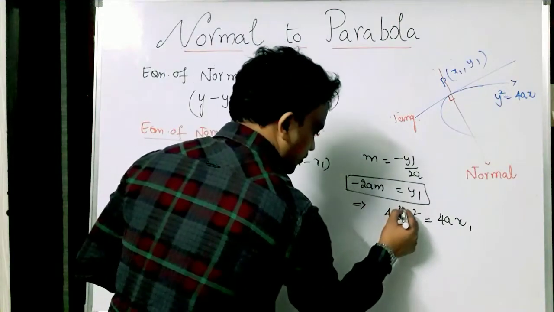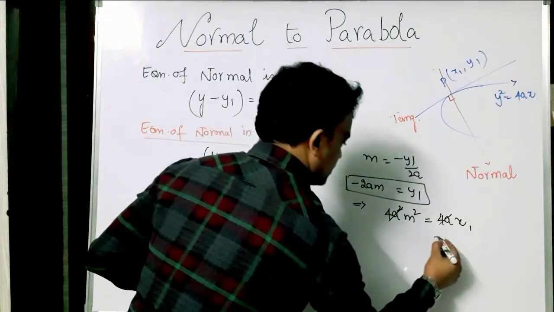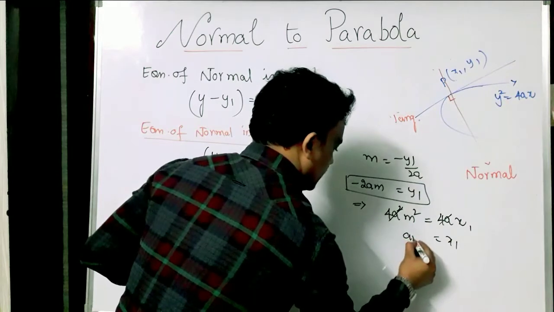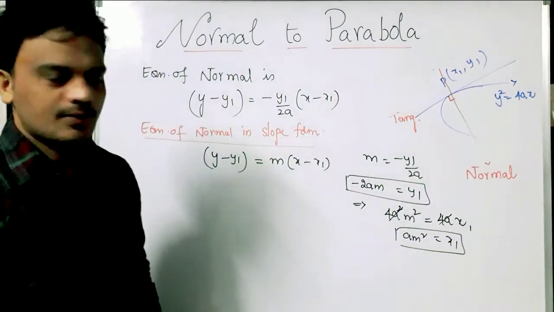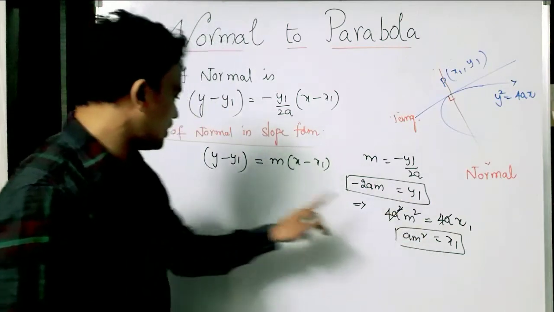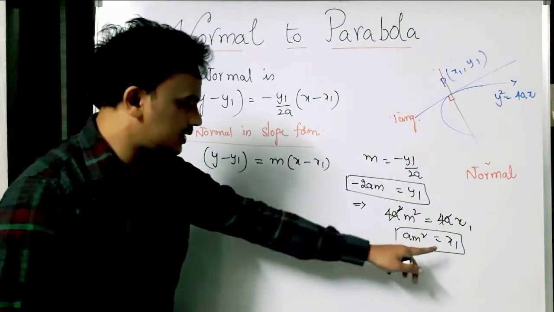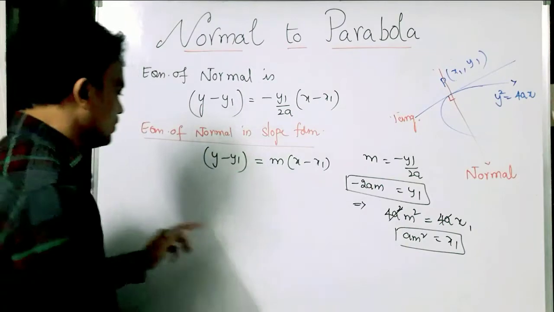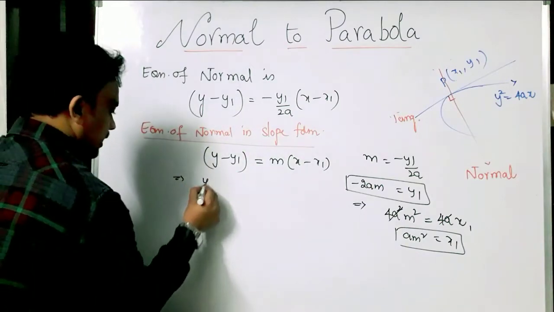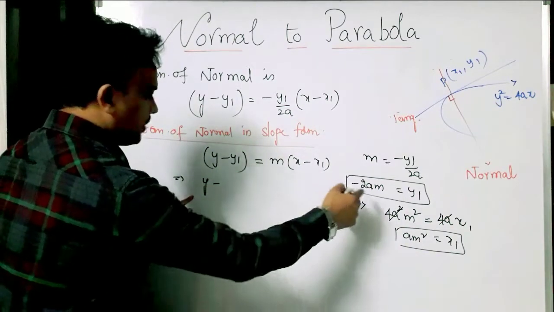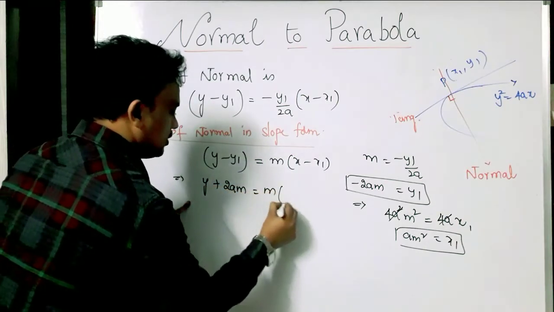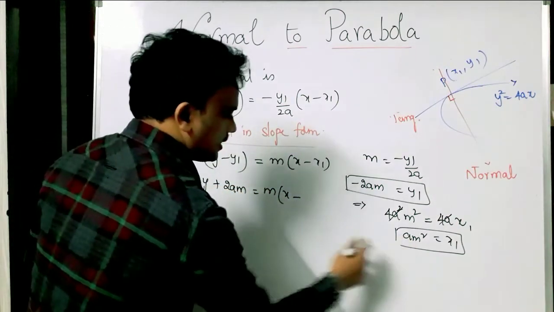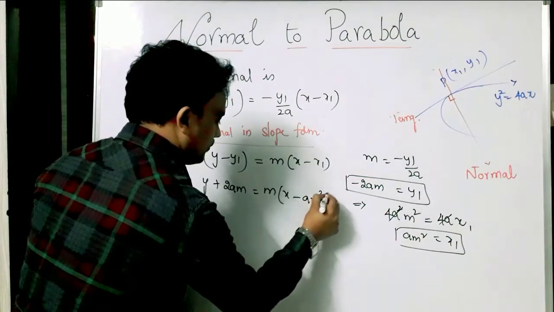On both sides, 4a gets cancelled. So x1 is am square. The same values are substituted here: x1 is am square, y1 is minus 2am. This means y plus 2am equals m into x minus am square.